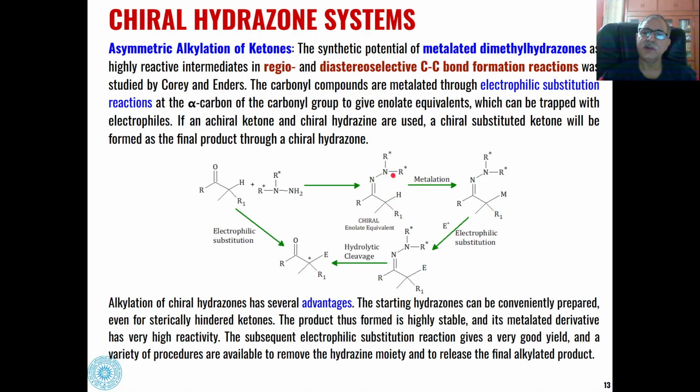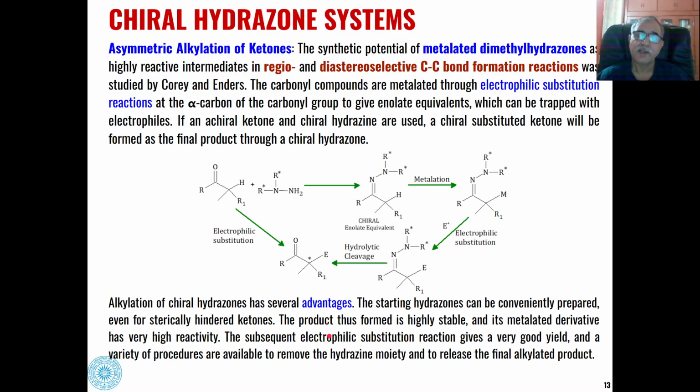And when this chiral enolate undergoes metallation, this hydrogen will be replaced through electrophilic substitution by the metal ion, and then this metal will be replaced by the electrophile, leading to the formation of the product, and on hydrolysis it will be converted into a chiral alpha substituted ketone. So we can see how these achiral ketones are alkylated to give us a chiral product.